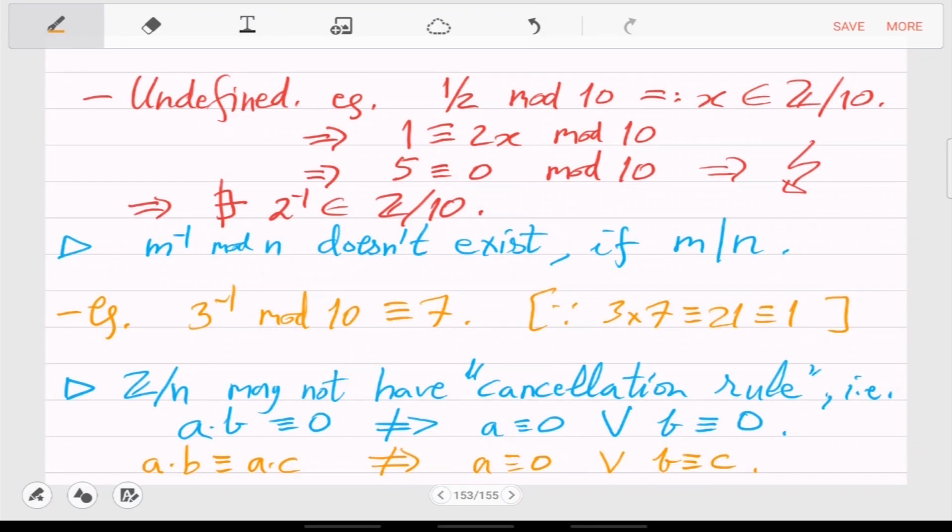So if you see this equation AB equal to AC, you cannot just divide by A, even if A is non-zero. So it may happen that A is non-zero and B is different from C, but still AB is AC. Right? So that's the cancellation rule, which is not followed in this arithmetic.